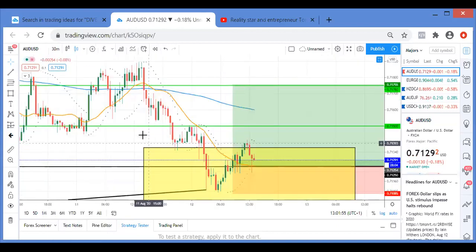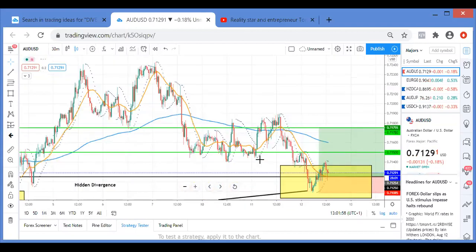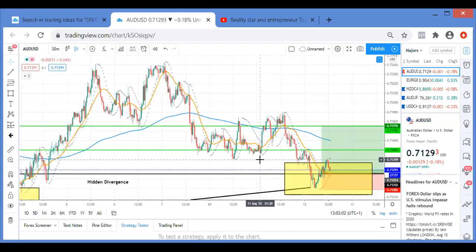Now on the 30 minute, I'm not looking for hidden, I'm looking for regular divergence. Because I'm looking for a buy, I want to see a point on my chart that's going down. The potential entry is here, but I need to see the market going down, and on the MACD, it going up.